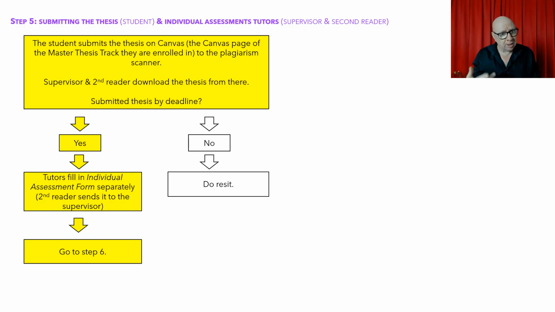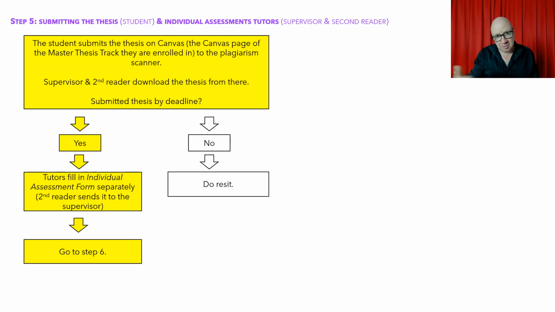We all are looking at the same thesis, so students cannot hand in, say, an empty document in the plagiarism scanner and then send the thesis via email to the supervisor and the second reader, so that the plagiarism scanner then says 0% plagiarism, and then you could hand in a thesis in which you plagiarized.